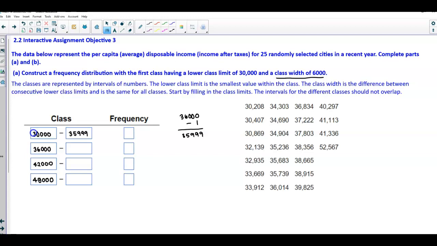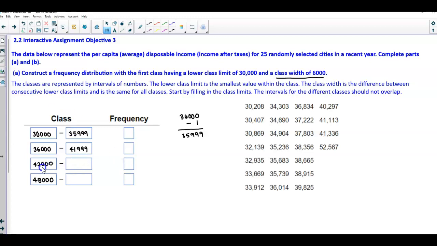Now, what is 42,000 minus 1? If we take 42,000 and subtract 1, that's going to give us 41,999.